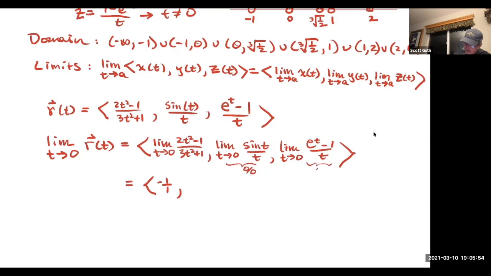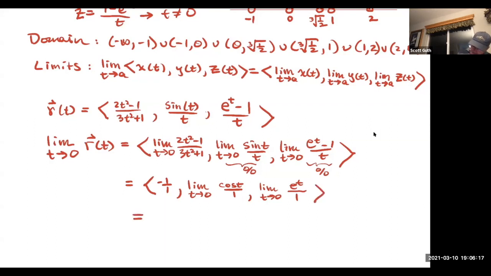So if we use L'Hopital's rule, we would do the limit as t goes to 0. Top is cosine t over 1, and then the limit as t goes to 0, the derivative of the top is just e to the t over the derivative of the bottom, which is 1.